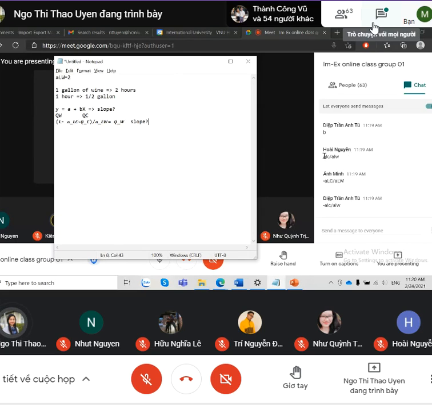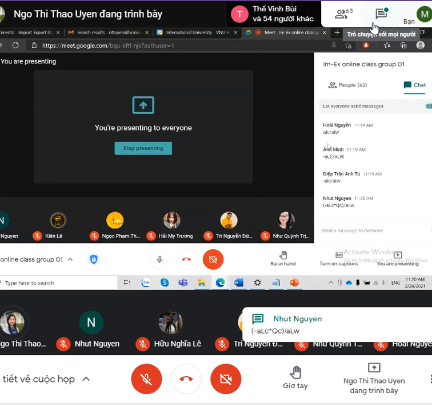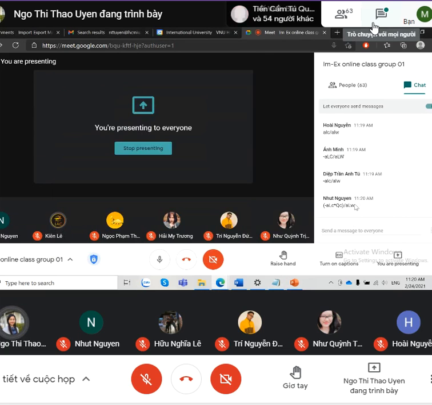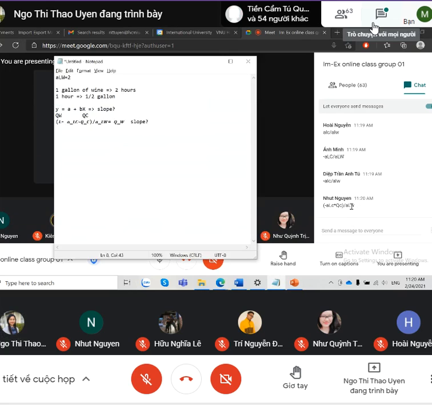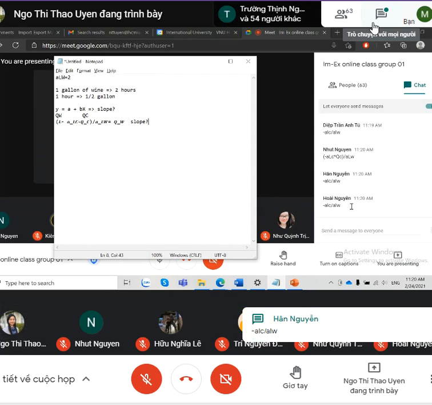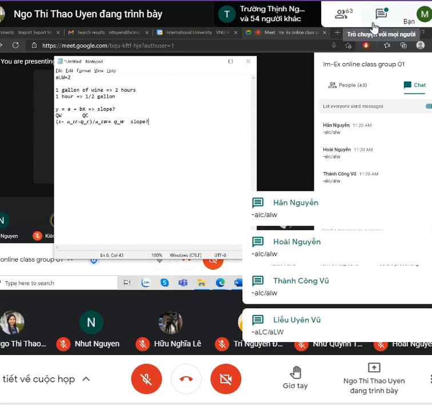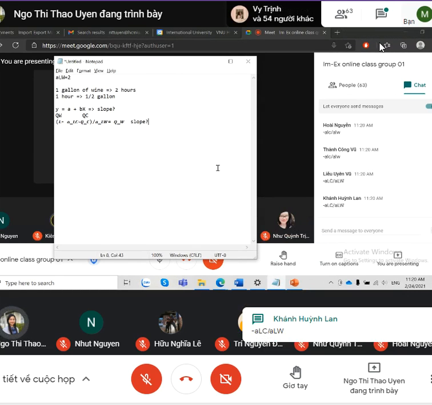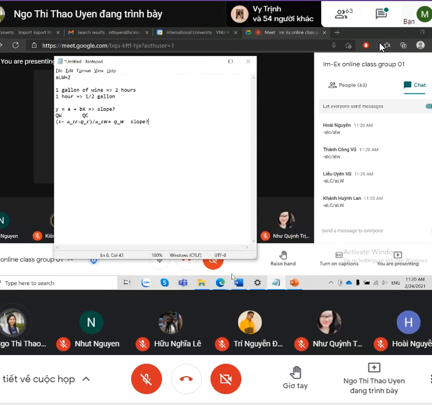We have two answers here, minus and plus. And a new answer. How about other students? What is the answer for the slope of this function? Yes, it is minus ALC over ALW.